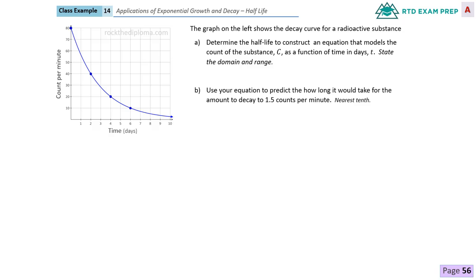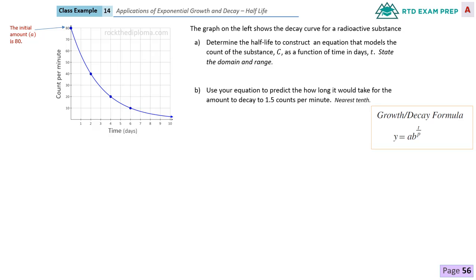Let's use class example 14 to see how we can model an exponential decay situation with a half-life. Here, we have a situation showing a decay curve for a radioactive substance. We can see from the graph that the initial population count is 80. I won't pretend to understand a lot about radioactive substances and what exactly we're counting, but that's not really important here.